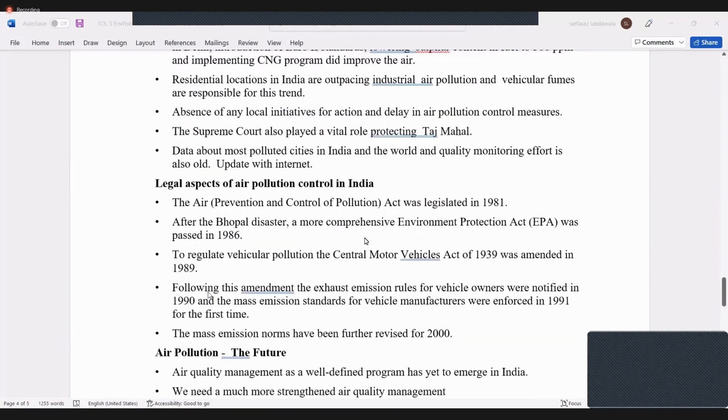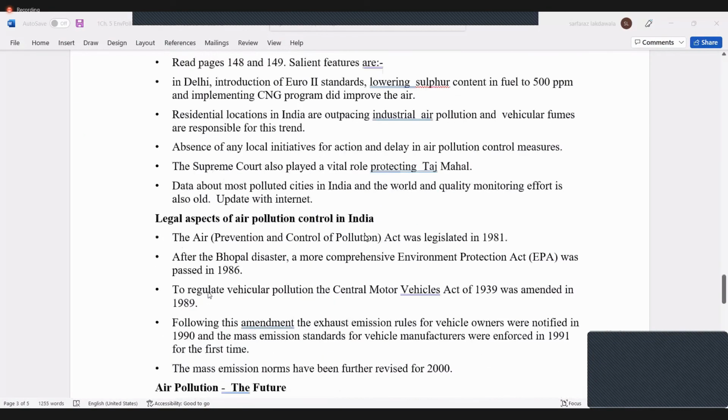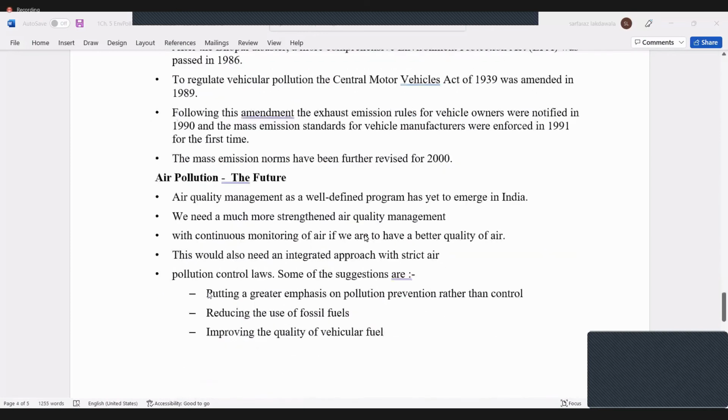So that is about air pollution as far as your syllabus is concerned. Any questions with respect to this? Okay, so tomorrow we will start with water pollution, which is our next topic.